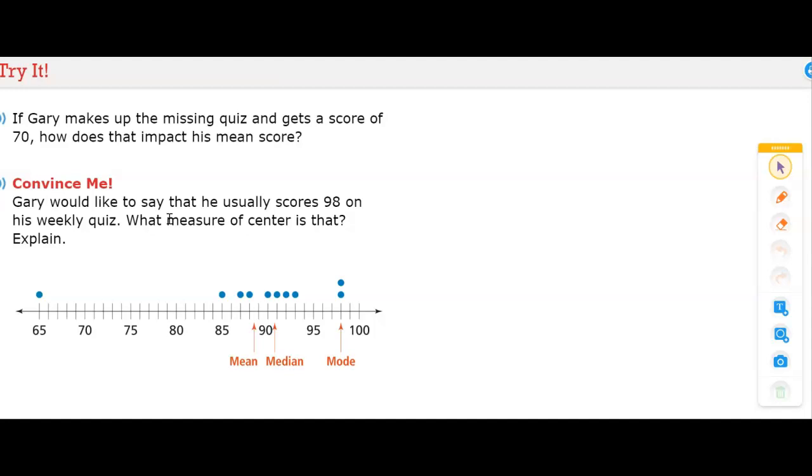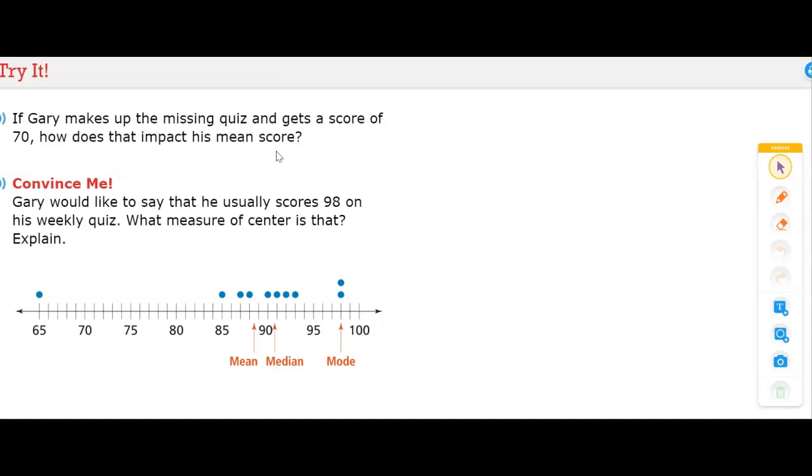So if he makes up that missing quiz, instead of a 0, he now has a score of a 70 to replace it with. So now he replaces the 0 with the 70. You add up all of the scores of his tests again and divide by 11, and the new mean with that missing quiz included would be 80 6/10.